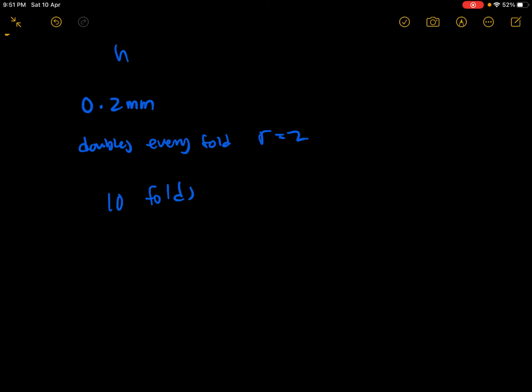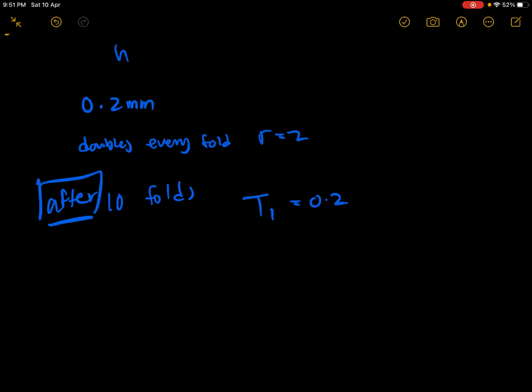So you have to be careful when it comes to this question. The keyword here, if I remember correctly from my friend, is the word "after", because you have to be careful with this. You will assume that T1 is equal to 0.2.